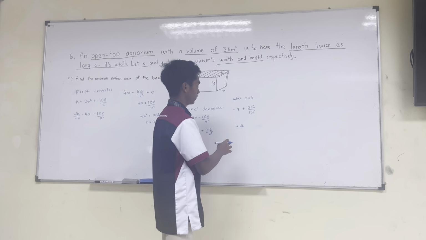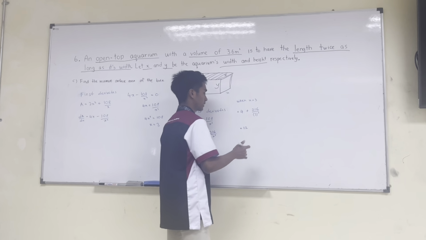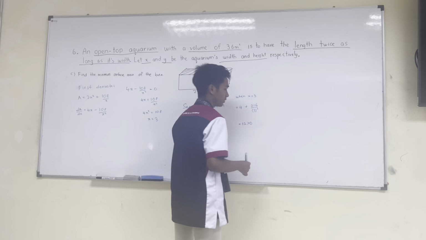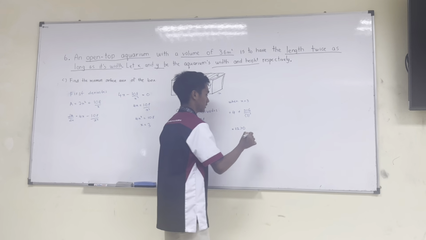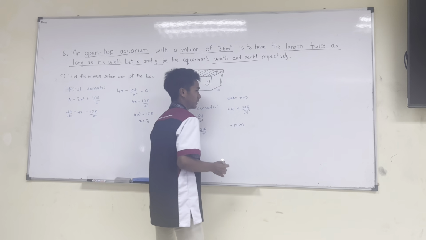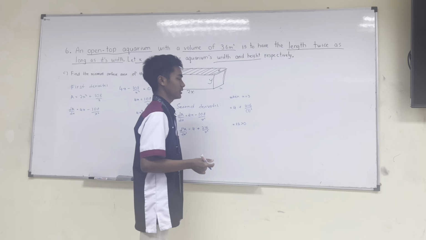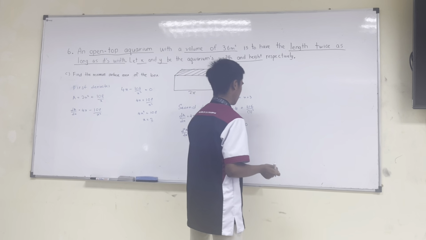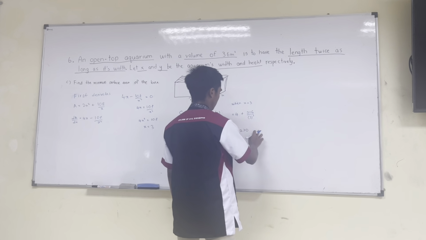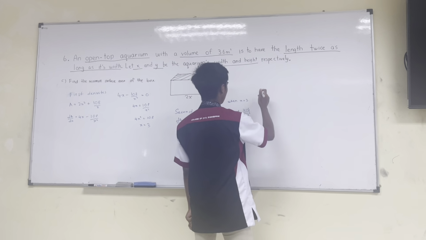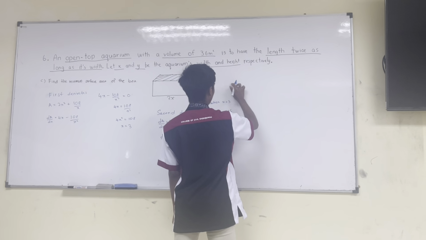As we know, 12 is bigger than 0, so we can conclude that x equals 3 is the minimum value. After that, we need to find the value of y.